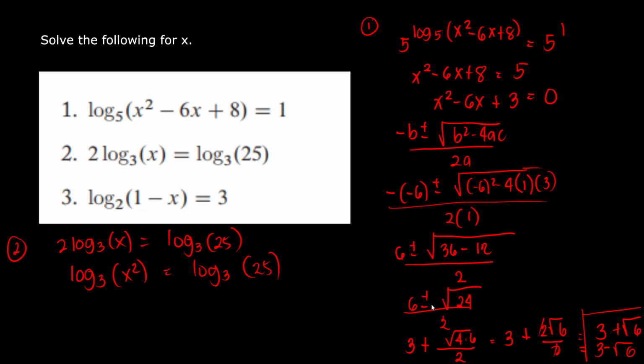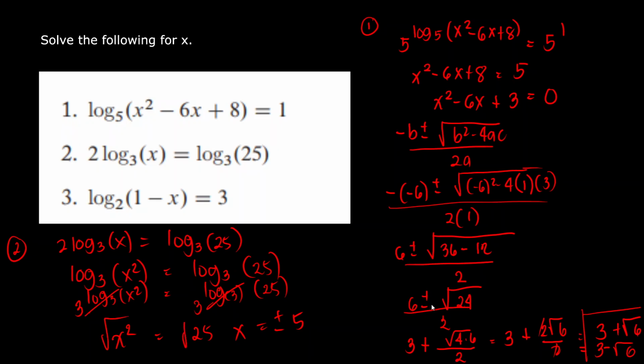Okay. So, erase natin ngayon sa base 3. Log 3x squared is equals to 3 log 325. So, ito magiging x squared kasi mawawala yan is equals to 25. So, x is equals to positive negative 5. Kasi pag in-square root natin yan.